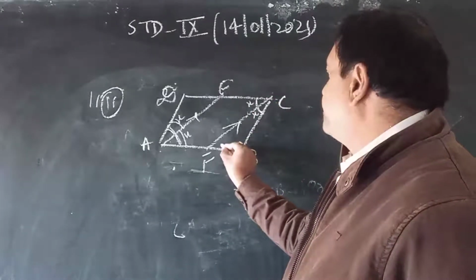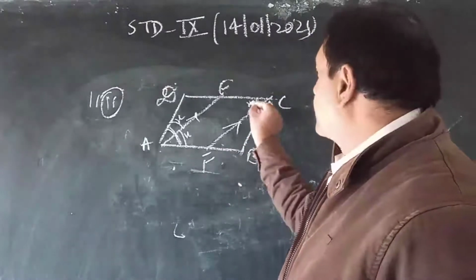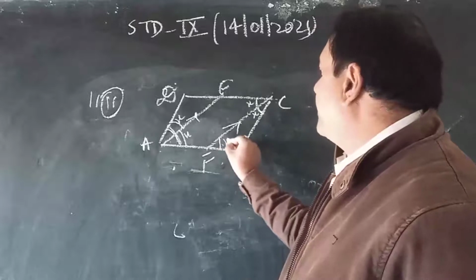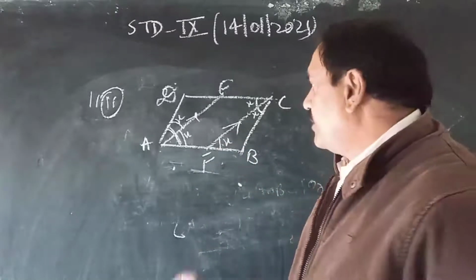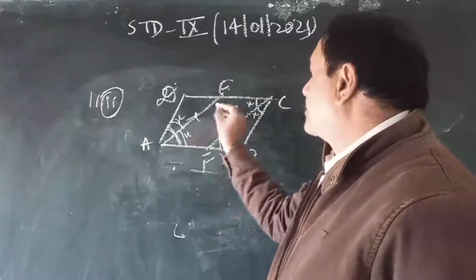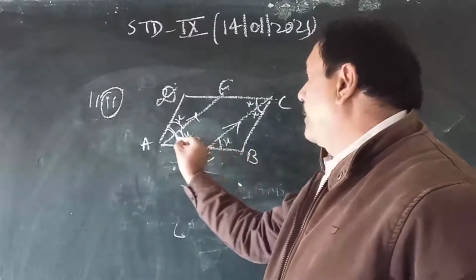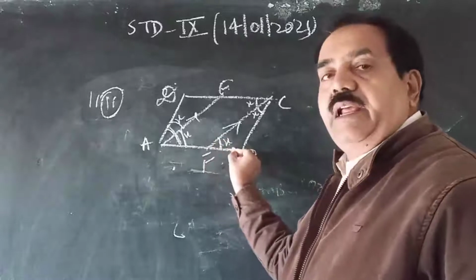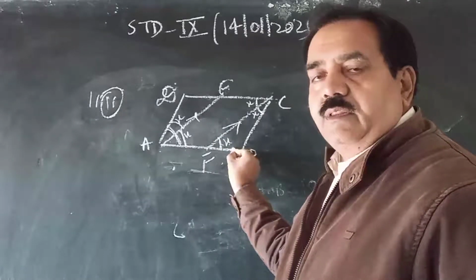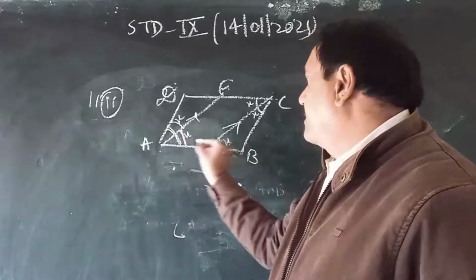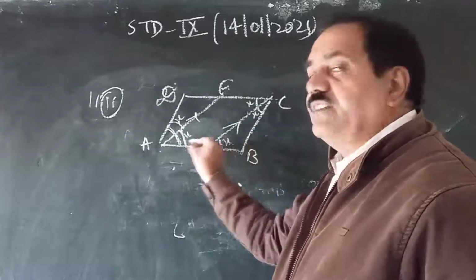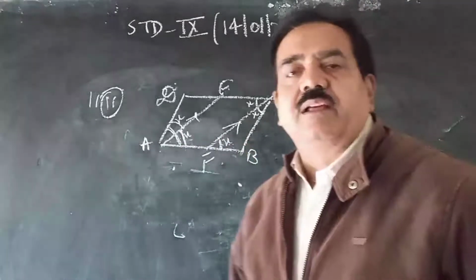Now, since this is a parallelogram, this angle and this angle will be X. Now see, this angle is X, this angle is also X, but these are corresponding angles.